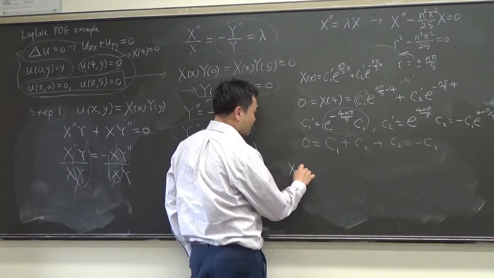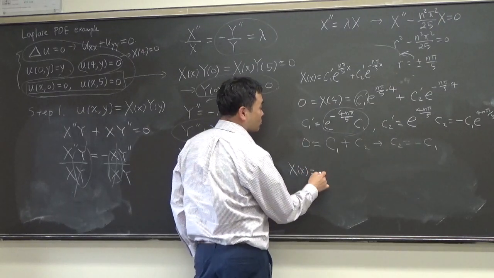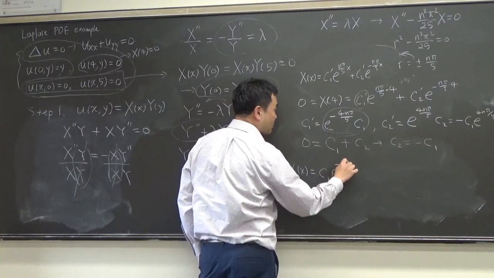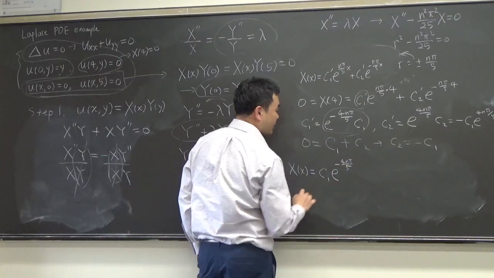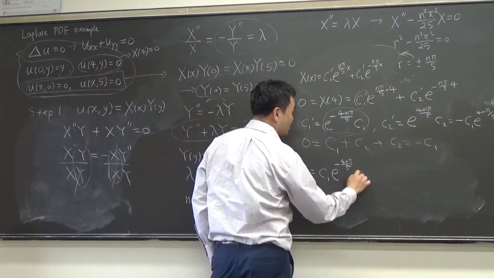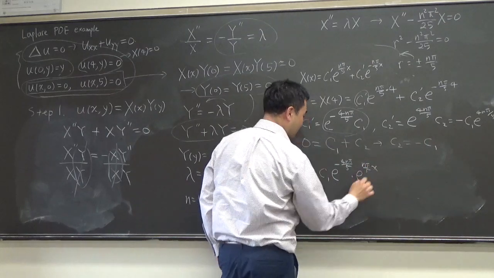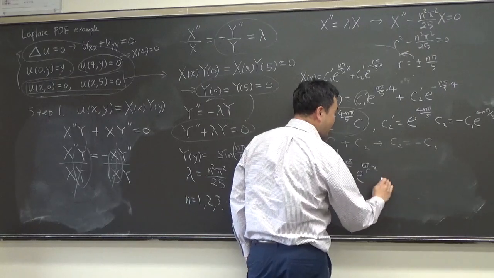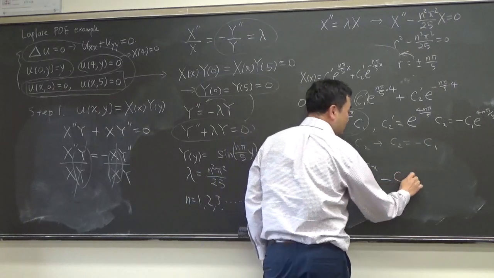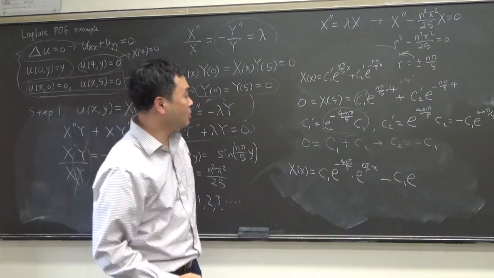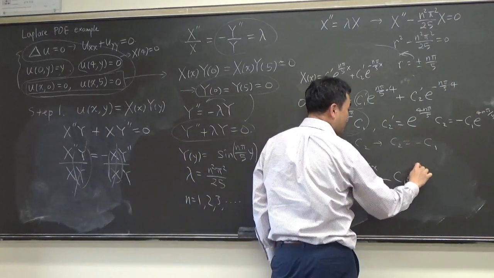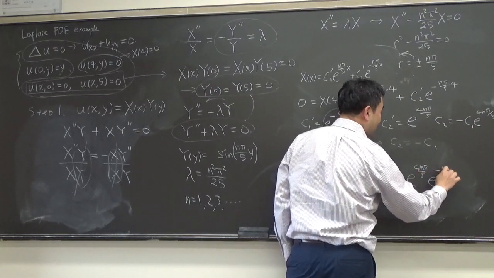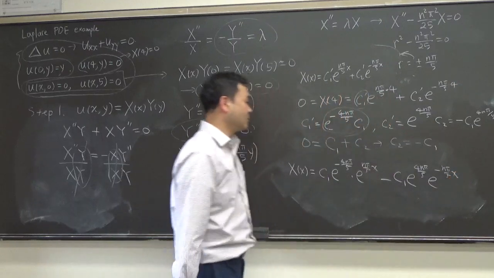You get X of x equal to C1 prime, which is C1 times e to the negative 4 n pi over 5 times e to the n pi over 5 x, plus minus C1 e to the, this side is plus, so positive 4 n pi over 5, times e to the negative n pi over 5 x. So far so good?